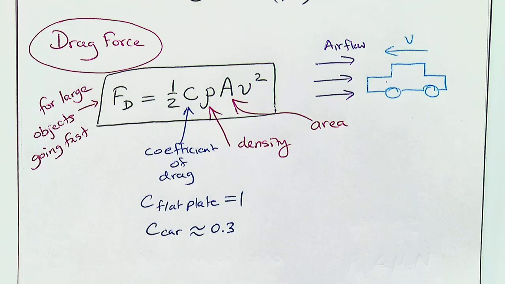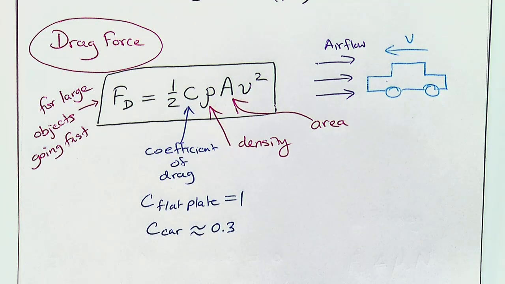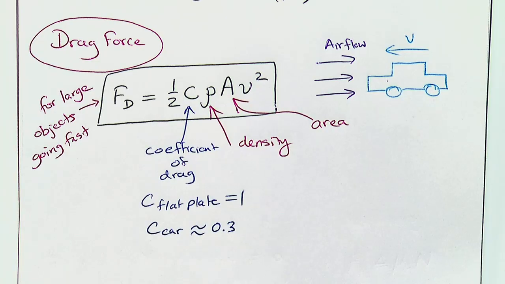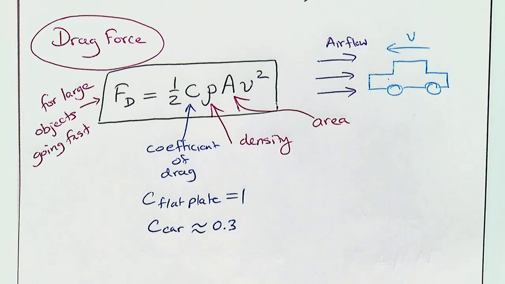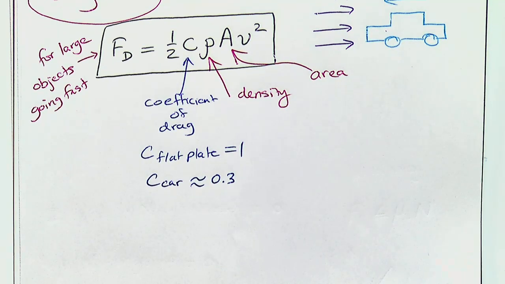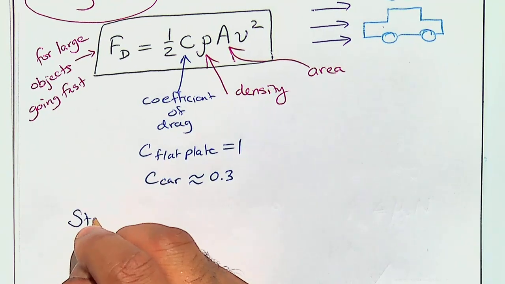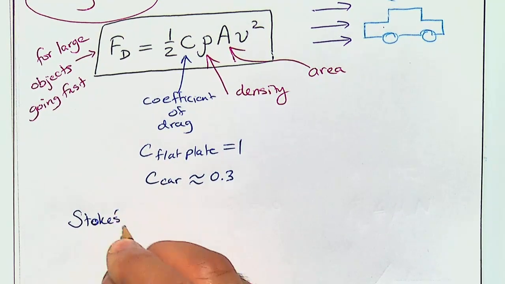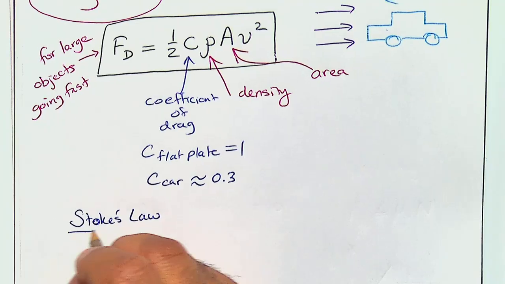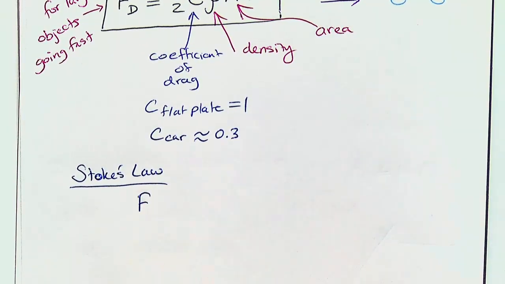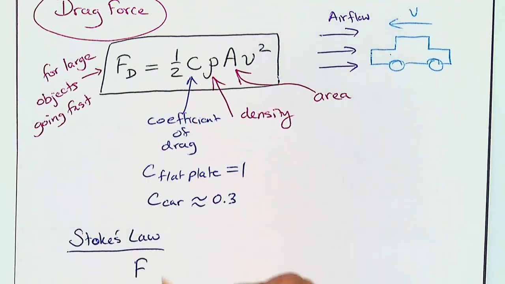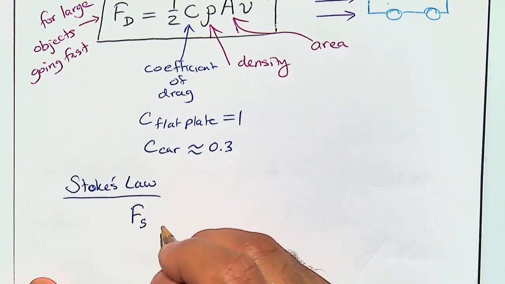But if you're in a lab setting, biology lab, chemistry lab, you might be dealing with dropping certain things into a fluid and it's moving relatively slow, it's a small object, so then you use something else. It's called Stokes' law. It's still drag, but just to distinguish, I'm going to say Fs for Stokes.